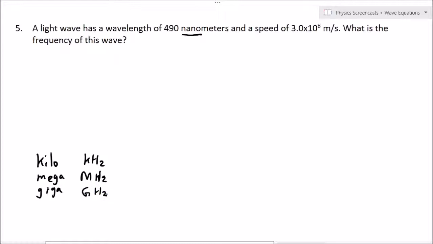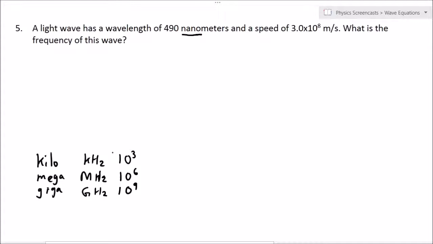Basically kilo is 1,000 hertz, so we could represent that with a 10 to the third. Mega is 1,000,000 hertz, which would be 10 to the sixth. And giga would be a billion, which is 10 to the ninth. So if we remember that, that's going to help us with our problems. And like I said, if you're unsure, just Google it.